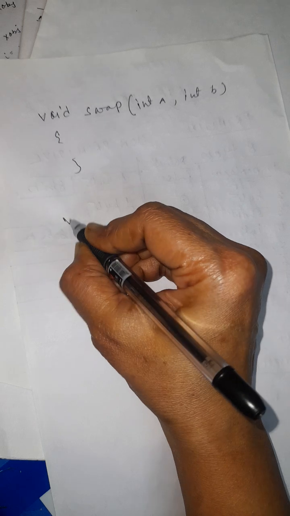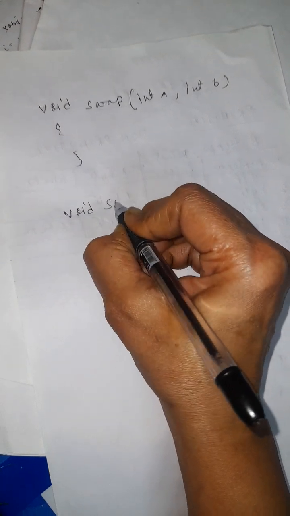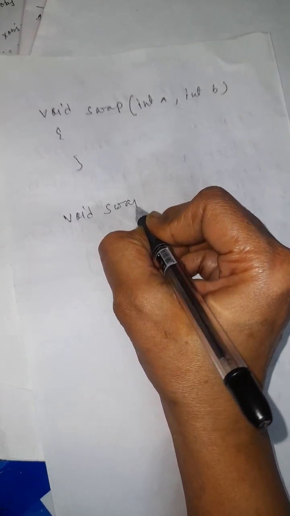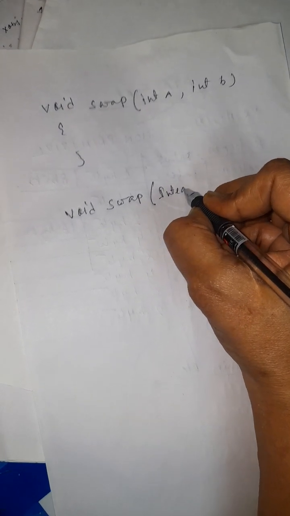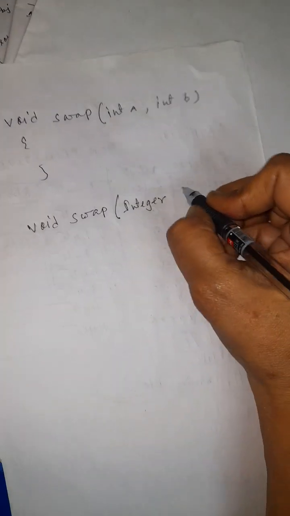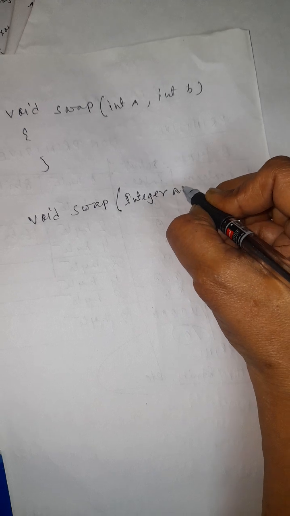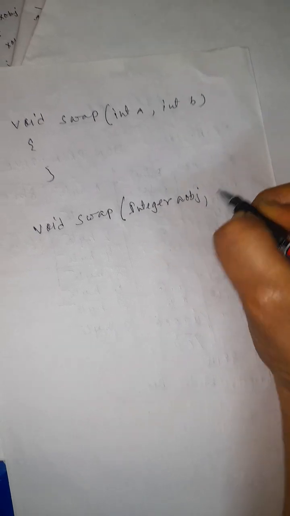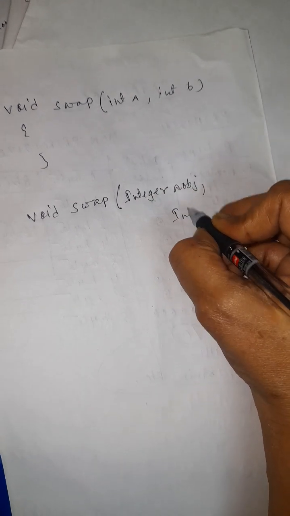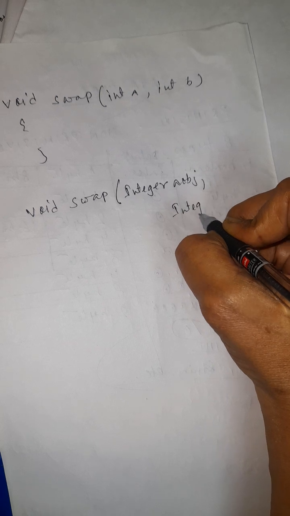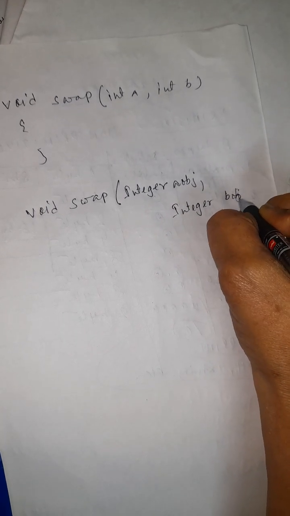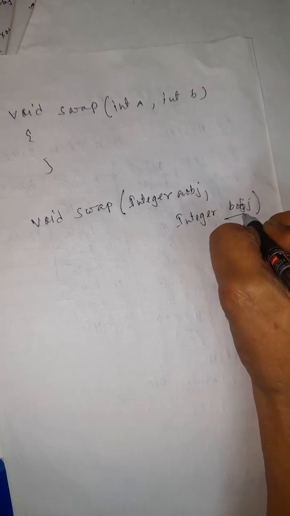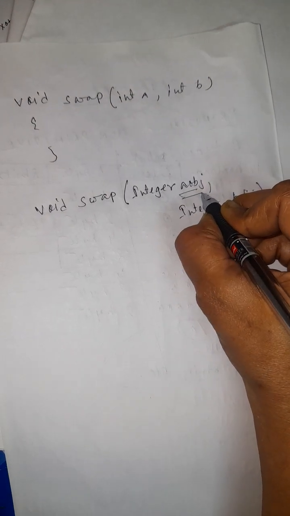If I want to call my swap function with the help of call by reference, how to do it? You have to use the wrapper class, maybe Integer a obj, one variable, and one more variable, Integer b obj. Clear? These two objects you can pass.